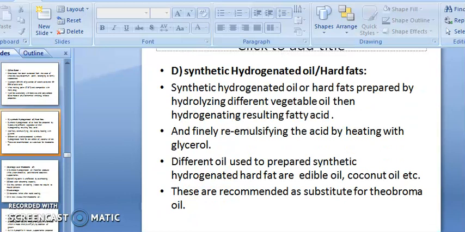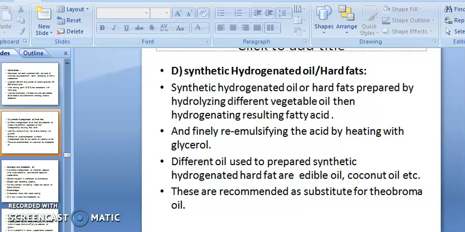Then we discuss synthetic hydrogenated oil or hard fat. It is prepared by hydrolyzing different vegetable oils, then hydrogenating the resulting fatty acids, and finally re-emulsifying the acids by heating with glycerol.